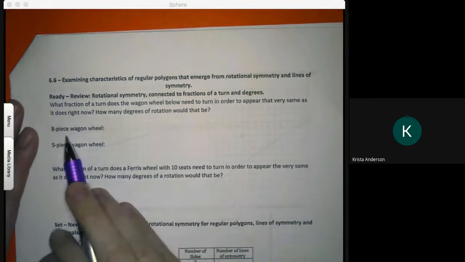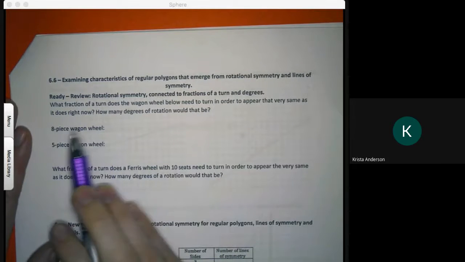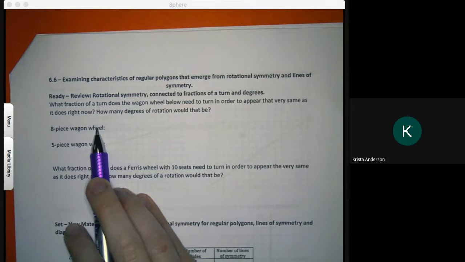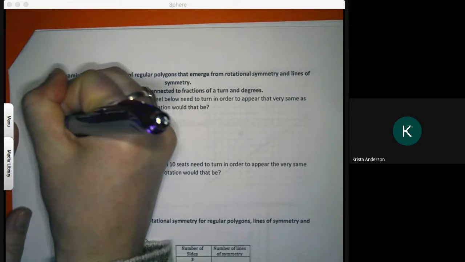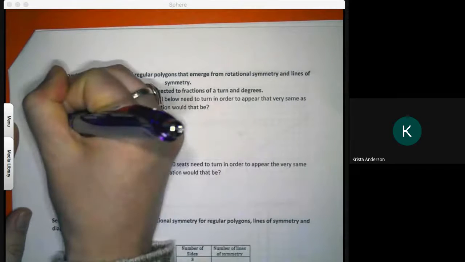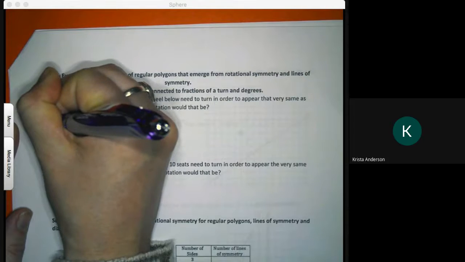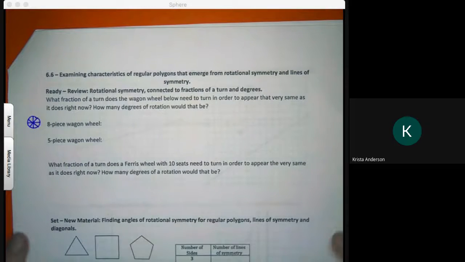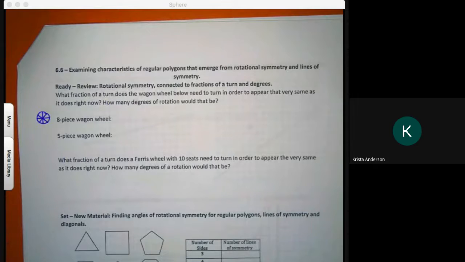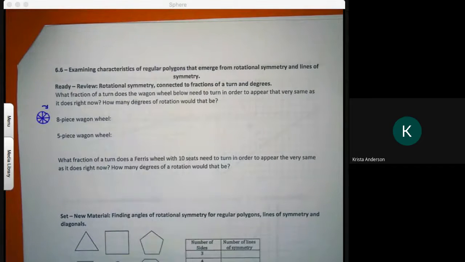So when I have an 8-piece wagon wheel, when I turn it, I'm going to imagine that this wagon wheel has the 8 rims on it, so I'll draw a little picture. 1, 2, 3, 4, 5, 6, 7, 8. Okay. So it has 8. It's an 8-piece wagon wheel. If I turn it, how far would I need to turn it for it to land on itself?